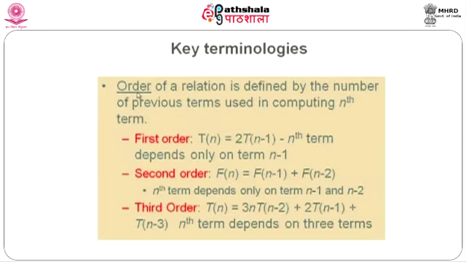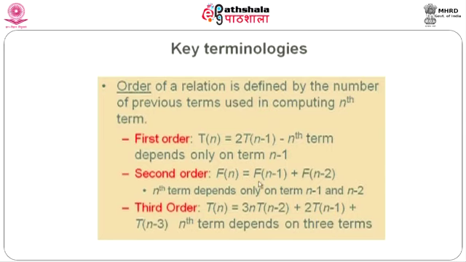The other concept, order, is also very important. The order is determined by how many previous terms are used for computing the nth term. For example, take the recurrence equation T of n equals 2T of n minus 1. You can see only one term is used as part of the recurrence equation, therefore we call this a first order equation.